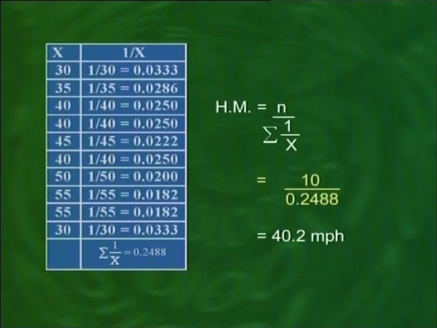And students, this is exactly the same answer as what we obtained a few minutes ago as the correct average speed of this vehicle. Students, you have seen how to compute the harmonic mean.